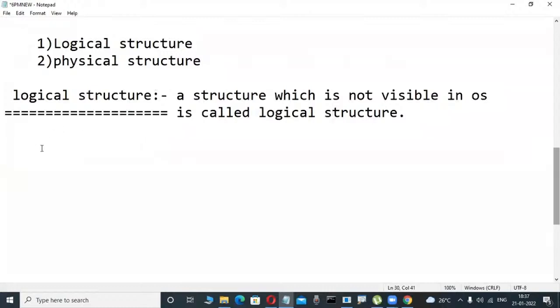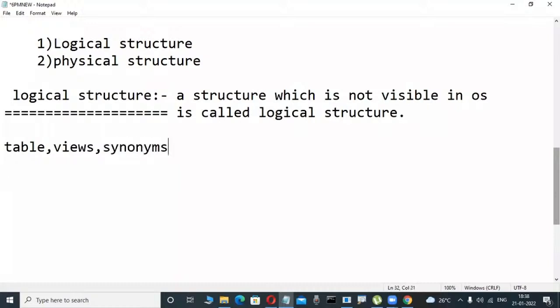But in this logical structure, developers are working. Suppose I'm a PL/SQL developer, you're a SQL developer, Java developers, .NET developers, Python developers, ETL developers. All these people are working in the logical structure. That logical structure contains tables in Oracle, SQL Server, and MySQL. Views, synonyms, indexes are there.